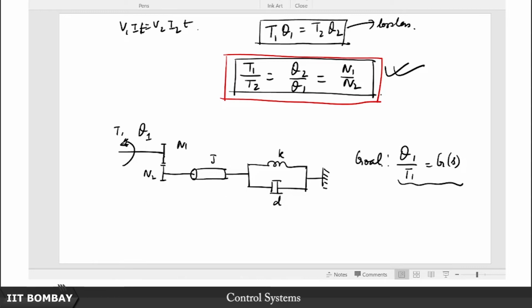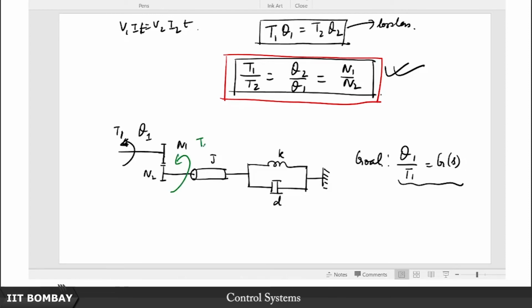The first thing is, observe that when I reflect this torque from this primary side to the secondary side, what is the transformation ratio? What is the equivalent torque that is appearing on this side of the gear? Because there is nothing else on the primary side except for this torque.